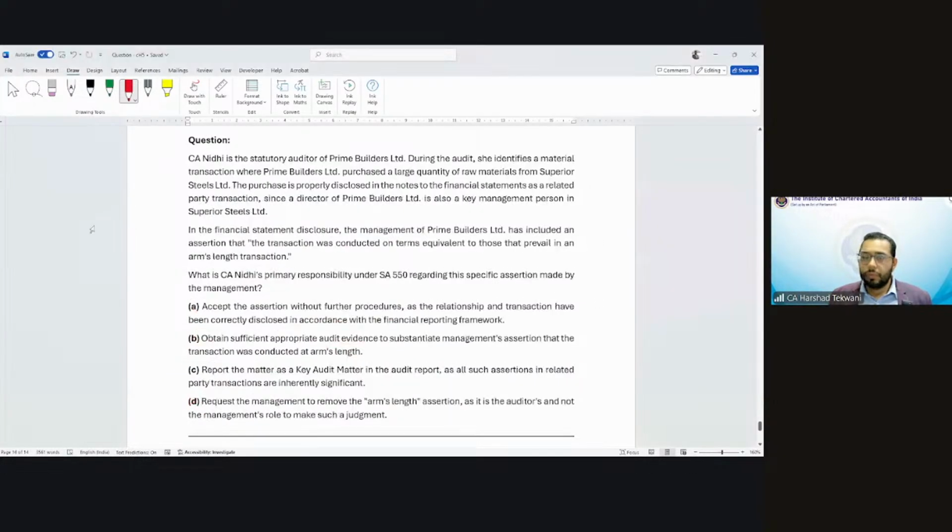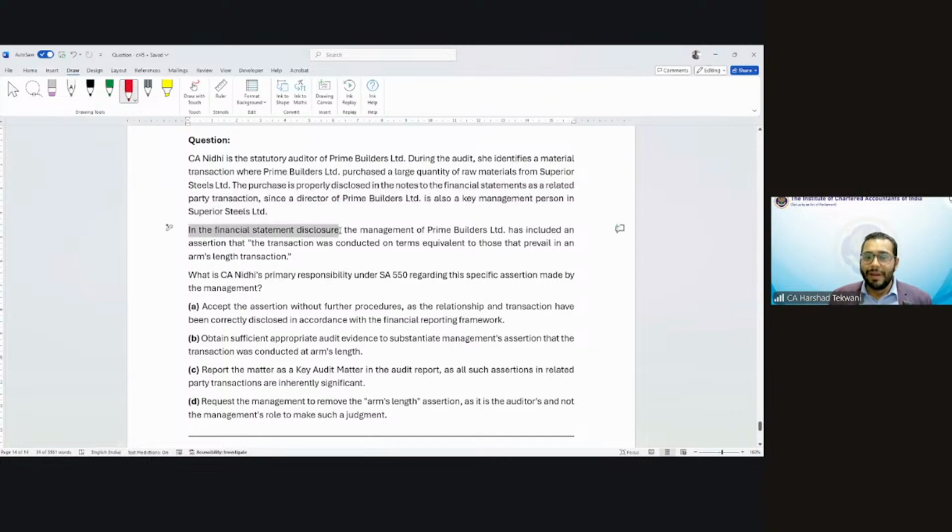CA Nidhi is a statutory auditor of Prime Builders Limited. During the audit, she identified a material transaction where Prime Builders purchased a large quantity of raw materials from Superior Steels Limited. The purchase is properly disclosed in the notes to the financial statements as a related party transaction, since the director of Prime Builders is also a key management person in Superior Steels Limited.